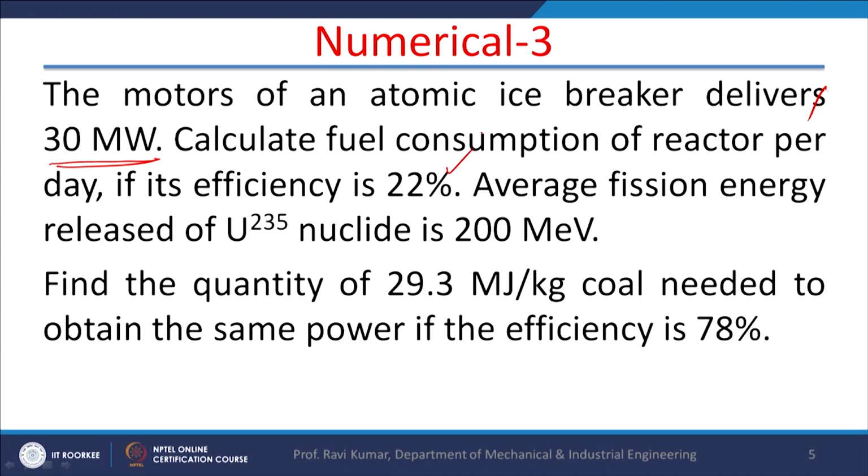Average fission energy released of uranium-235 nuclides is 200 million electron volts. Find the quantity of coal, calorific value 29.3 megajoule per kg, needed to obtain the same power if the efficiency of this normal thermal power plant is 78%.